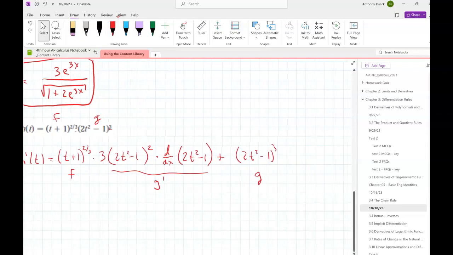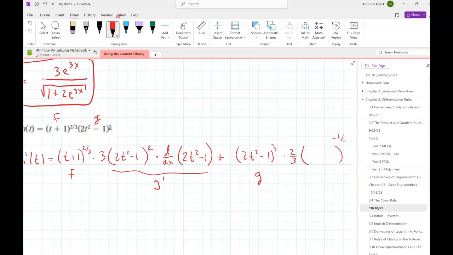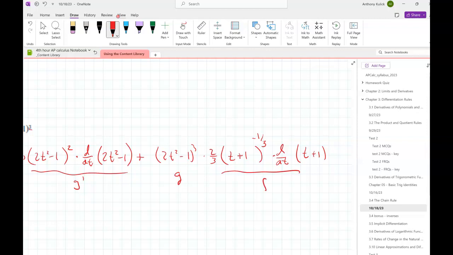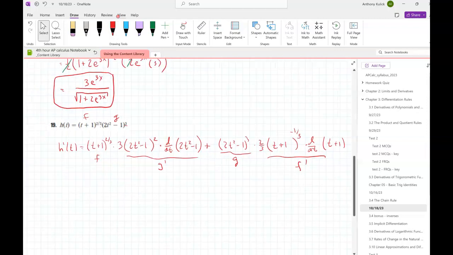And then we need the derivative of f, which again requires a chain rule. The outer function is x to the 2/3. The inside stays the same, and then times the derivative of the insides. And that should be a t there, because this is now f prime. Feels good so far? Okay.